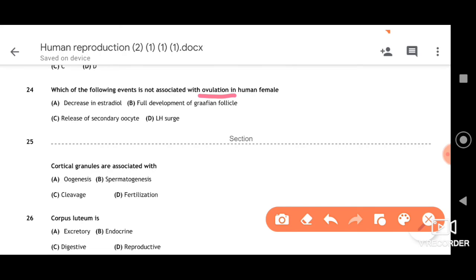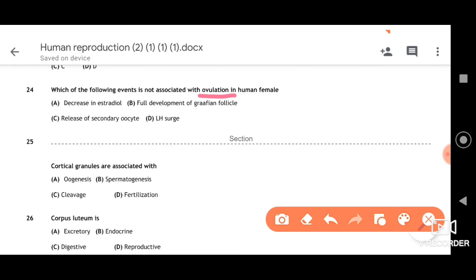It can be plus or minus 2 days, so it can occur on the 13th or 12th day in certain cases, or even the 15th or 16th day. Ovulation is the release of the egg from the matured Graafian follicle of the ovary. Now, we need to identify which of the events mentioned in the question are not associated with ovulation.